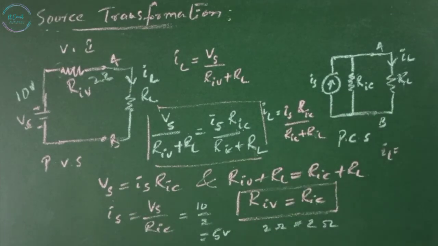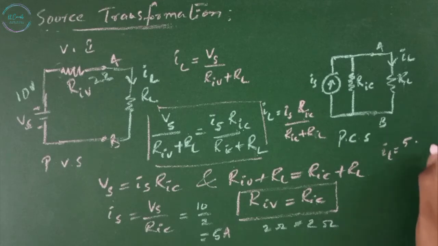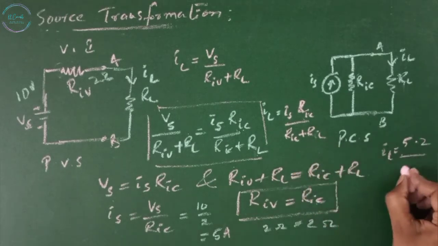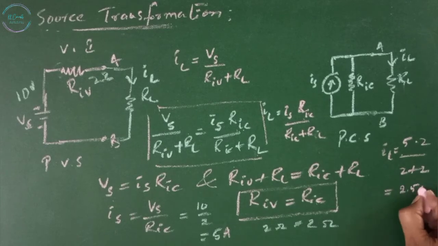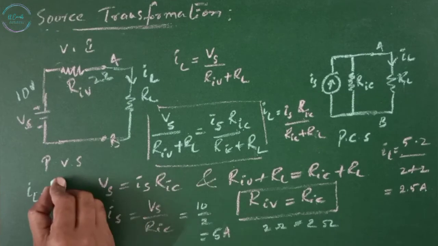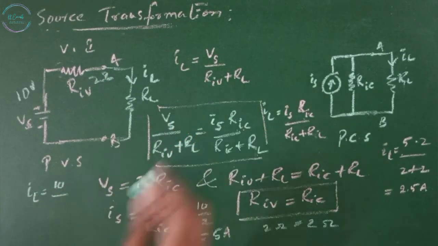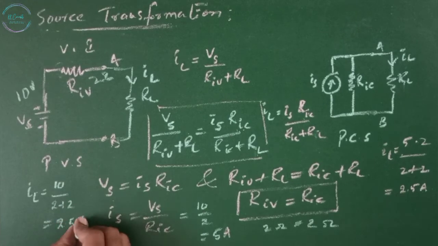The IL is Is, which is 5 amps, into RIC which is 2, divided by 2 plus 2, that is 10 by 4, nothing but 2.5 amps. In this circuit, the IL is Vs, 10, divided by RIV 2 plus 2. This is also 2.5 amps.